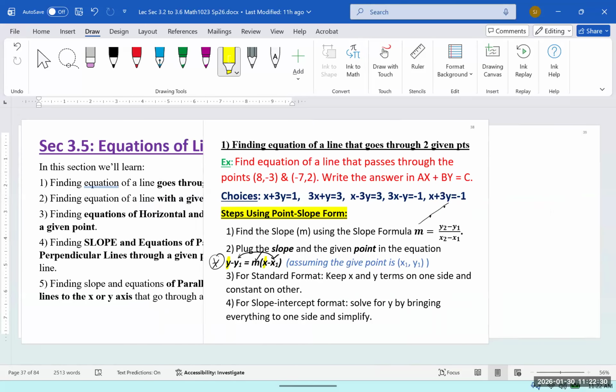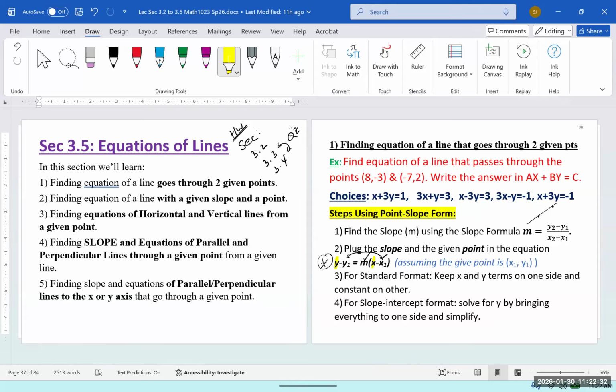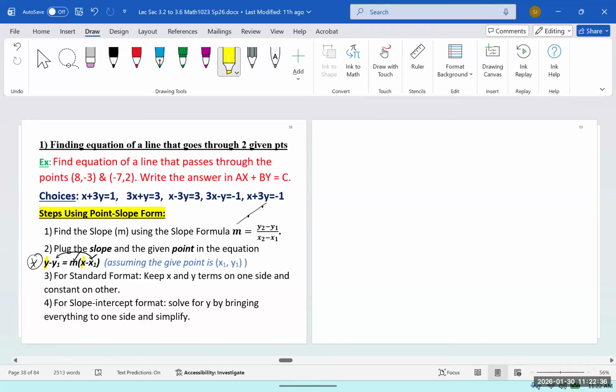So using this method, we have 2 points. Let's say our x1, y1 is the first pair, 8, -3. And our x2, y2 is the second pair, -7, 2.